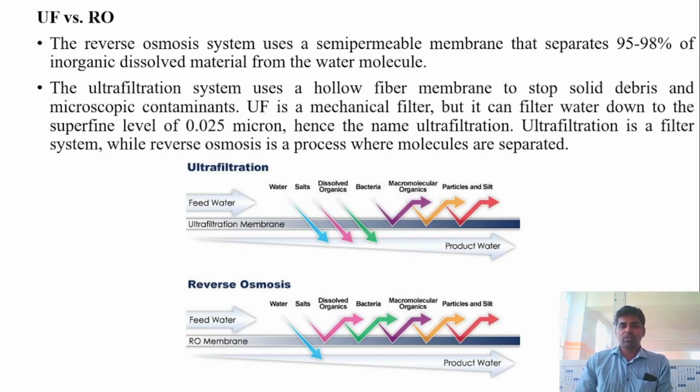But ultrafiltration can only stop the solid debris and microscopic contaminants, but it cannot filter out the dissolved materials. Also, we need to use a superfine 0.025 micron level membrane filter. That's why we named it ultrafiltration, but still it was not very much appreciated compared to reverse osmosis.